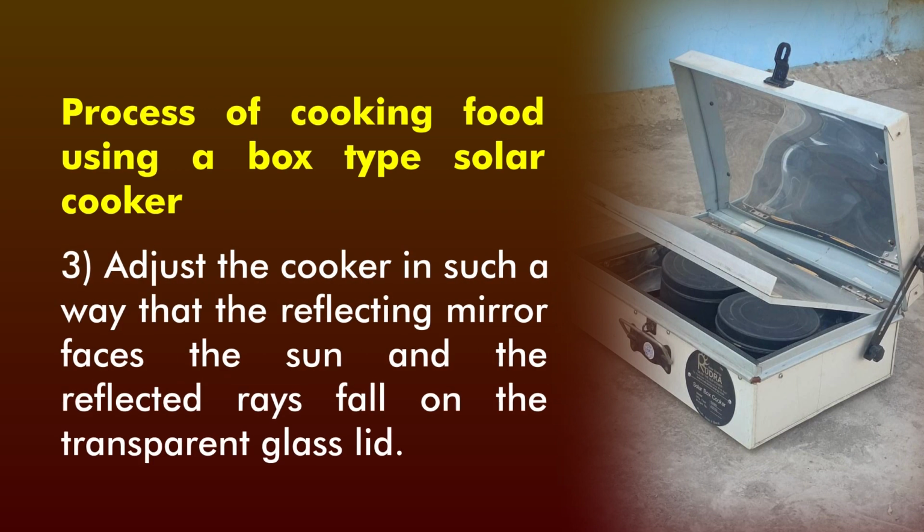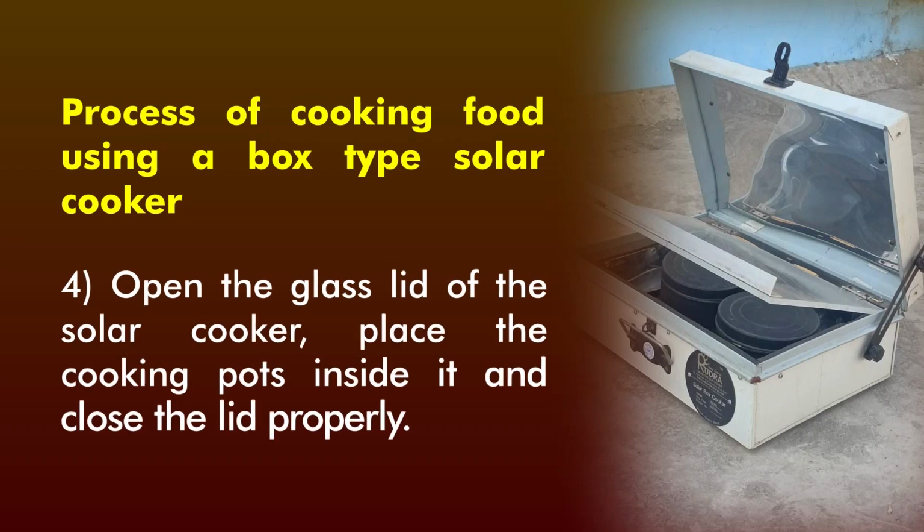Then adjust the cooker in such a way that the reflecting mirror faces the sun and the reflected rays fall on the transparent glass lid, and then tighten the position fixing hinge of the mirror in this position. Then open the glass lid of the solar cooker, place the cooking pot inside it and close the lid properly.